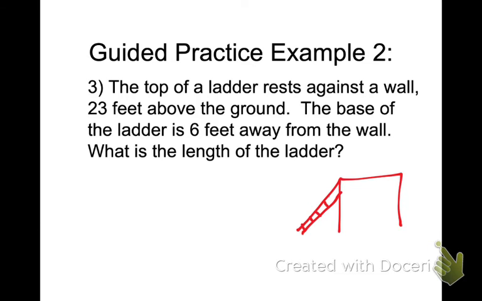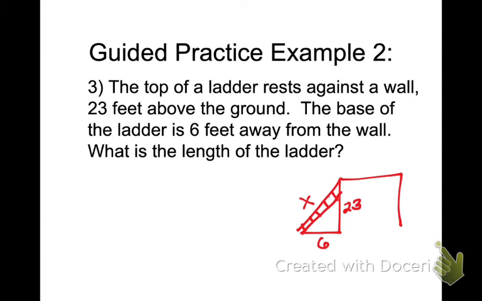Make your ladder. And then finish up that right triangle. Okay, so it says the top of the ladder rests against the wall 23 feet above ground. So now I do know that vertical distance is 23. The base is 6 feet away. How long of a ladder do we need?